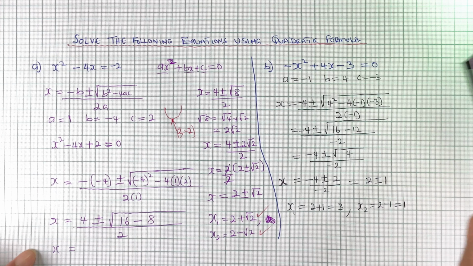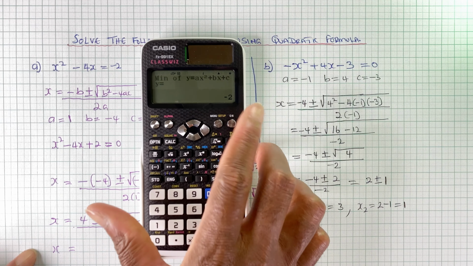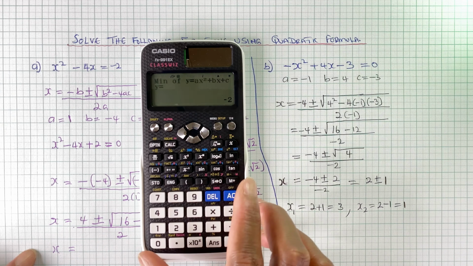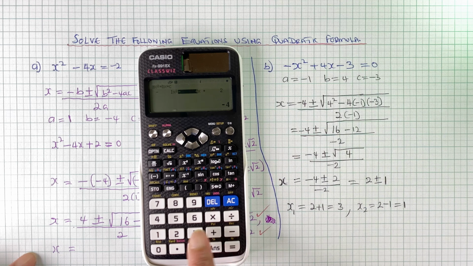Now, again, we can check this with a calculator to see whether we've done it right. This is the last one we did. To get back to the quadratic expression, we press AC. And now we can input the values. So the coefficient of x squared is minus 1, so you put minus 1 there. Press equals. The coefficient of x is 4, so you put 4 equals.